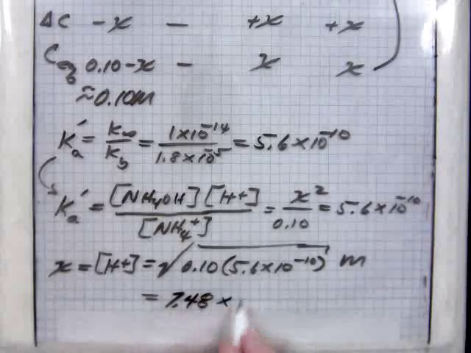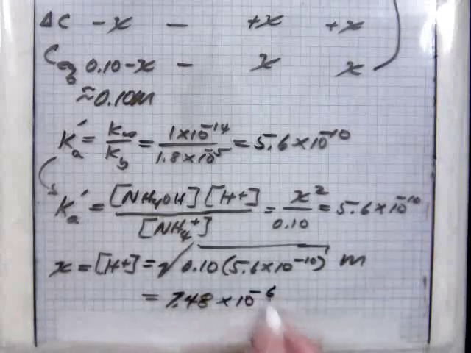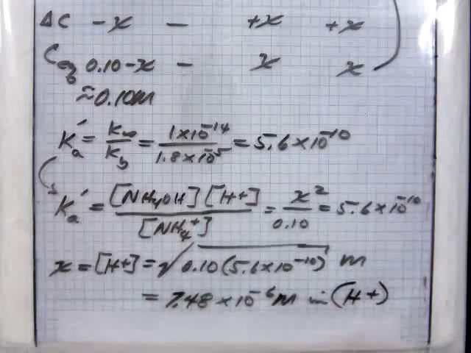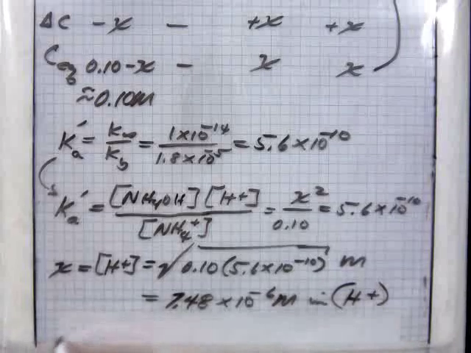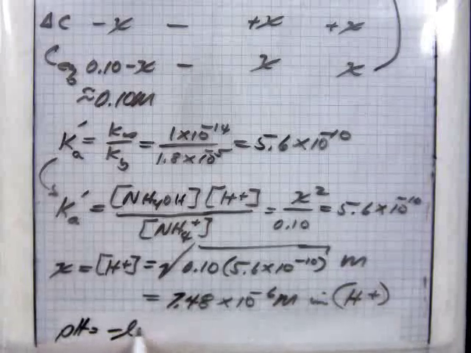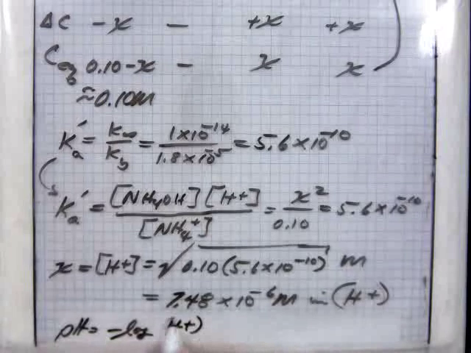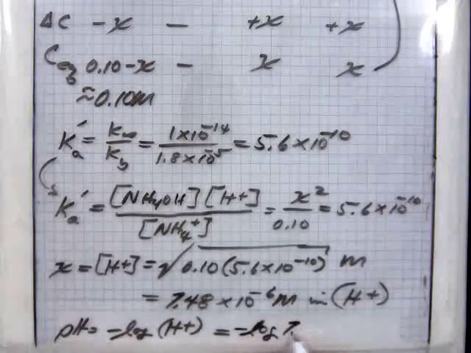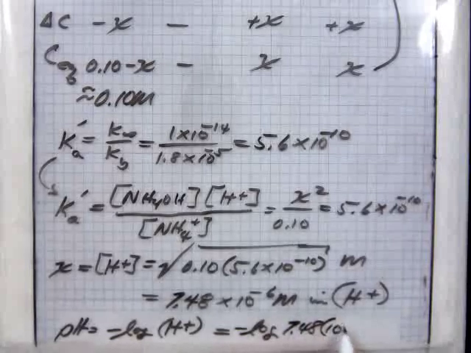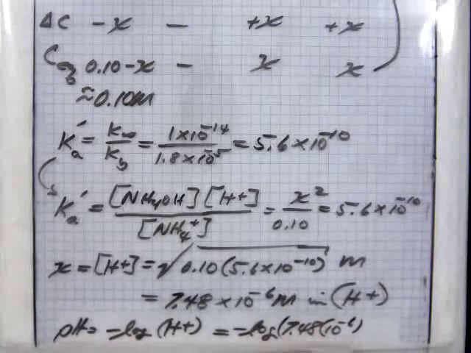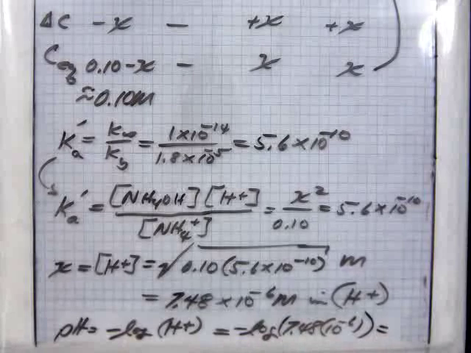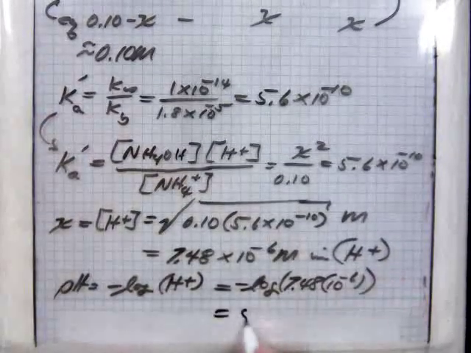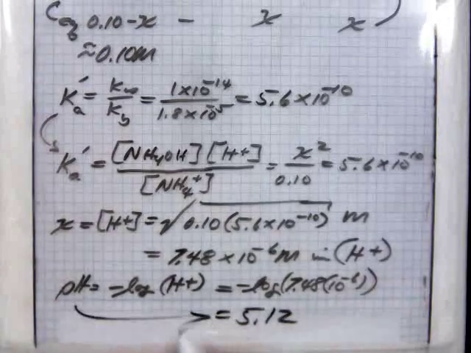7.48 times 10 to the minus 6 molar in H plus ions. And so all I do is take the pH as minus log of the hydrogen, and that's minus log, and we have a 5.12 pH at the equivalence point.